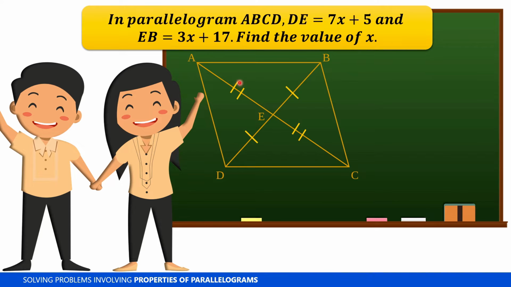We have parallelogram ABCD with diagonals AC and DB. In this illustration, DE, this part of diagonal DB, is equal to 7x plus 5, while EB is equal to 3x plus 17.